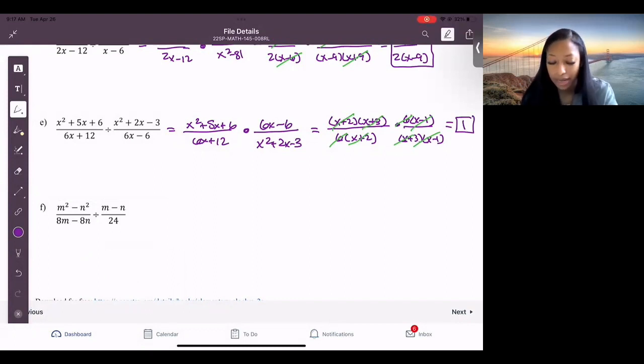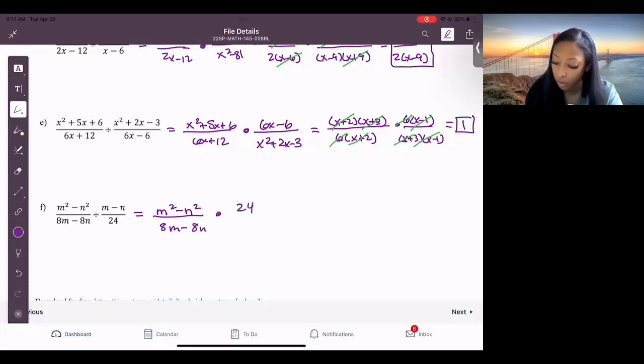Then last one, F. When we rewrite this one, we get m squared minus n squared over 8m minus 8n times 24 over m minus n. All right, factoring.